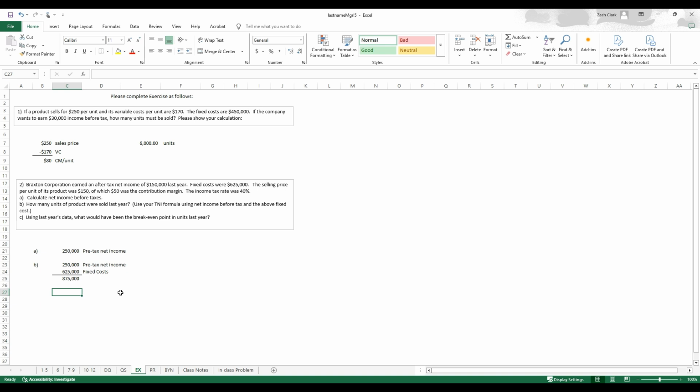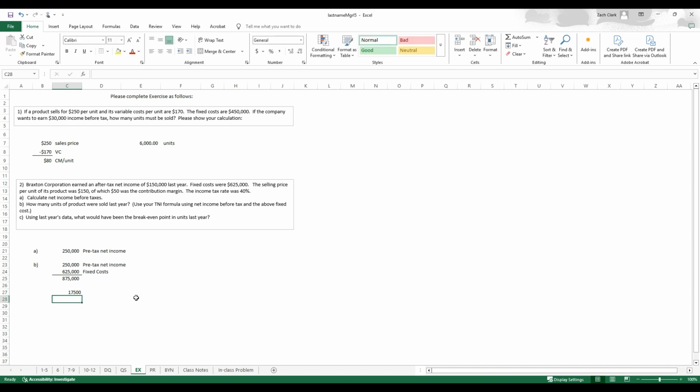That we can use within our contribution margin target net income calculation that we did. Again, if we were to do this in our formula that we did before, we would take our fixed costs, like doing the break-even point, plus the 250,000 divided by the $50 contribution margin.